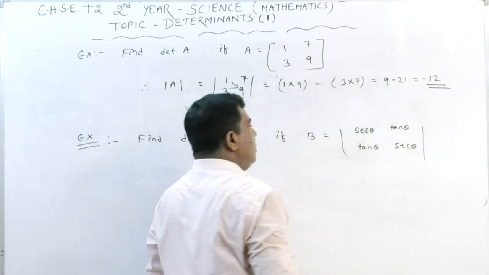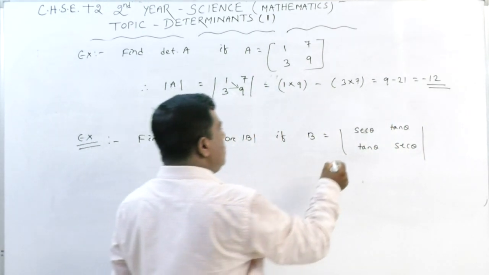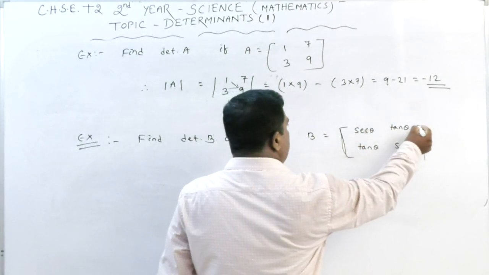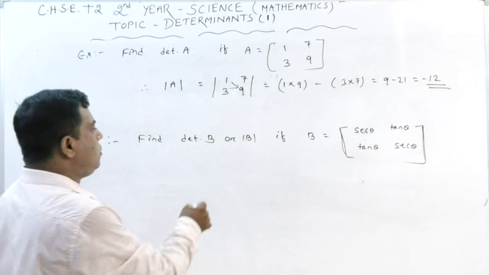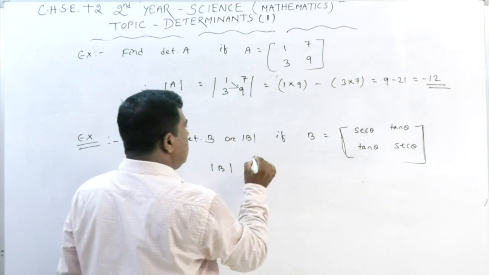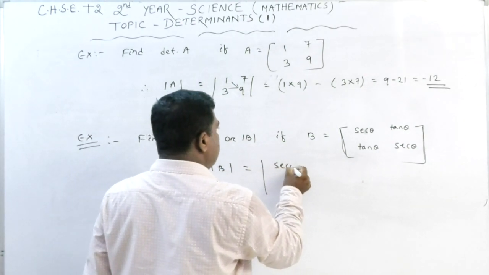Suppose this matrix format is given and we have to find the value. First of all, the determinant of B is what? It is equal to, we have to represent like this.